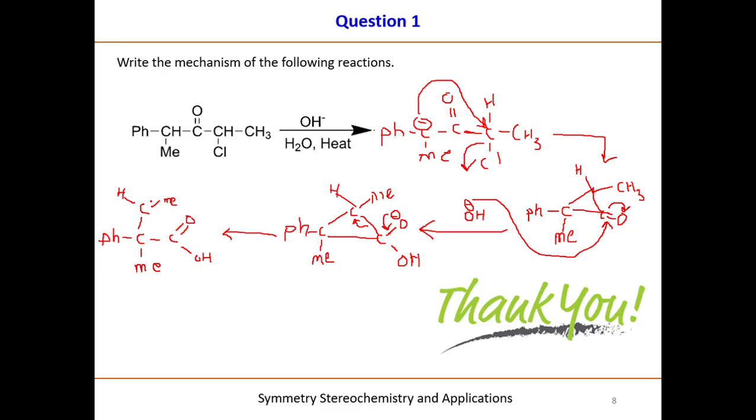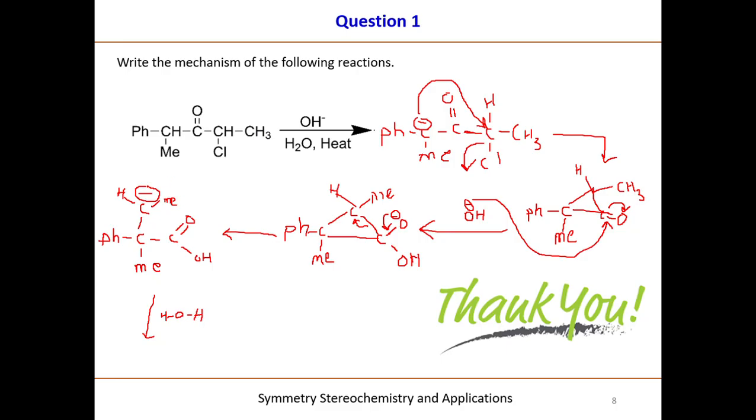Acid formation will take place and negative charge will come on this carbon atom. Carbanion will generate over here, and this carbanion will attack on water to abstract the proton. Will abstract the proton from water. I will write here.